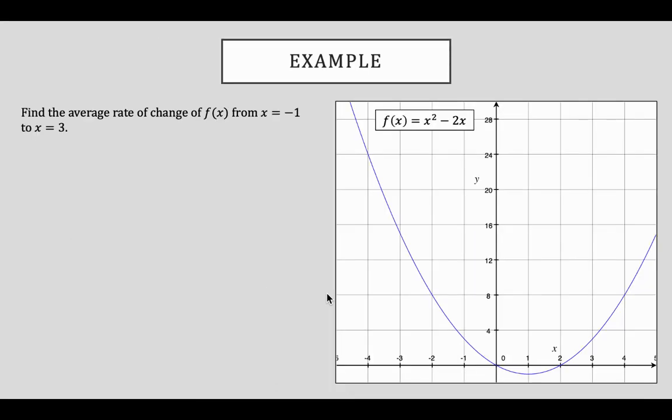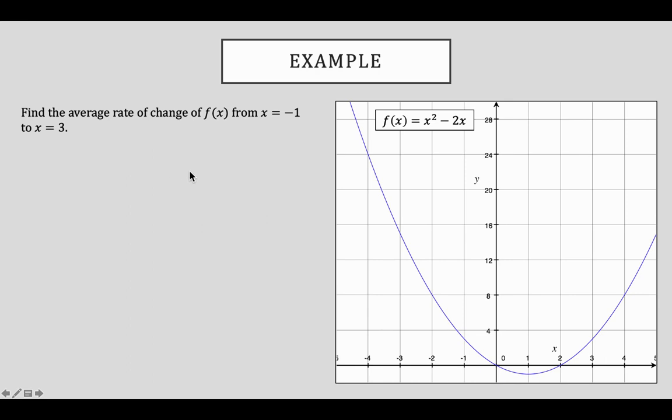So, find the average rate of change of f of x from x equals -1 to x equals 3. Notice here we have our function f of x is equal to x squared minus 2x. Well, what we are trying to find is the slope on this interval from x equals -1 to x equals 3.